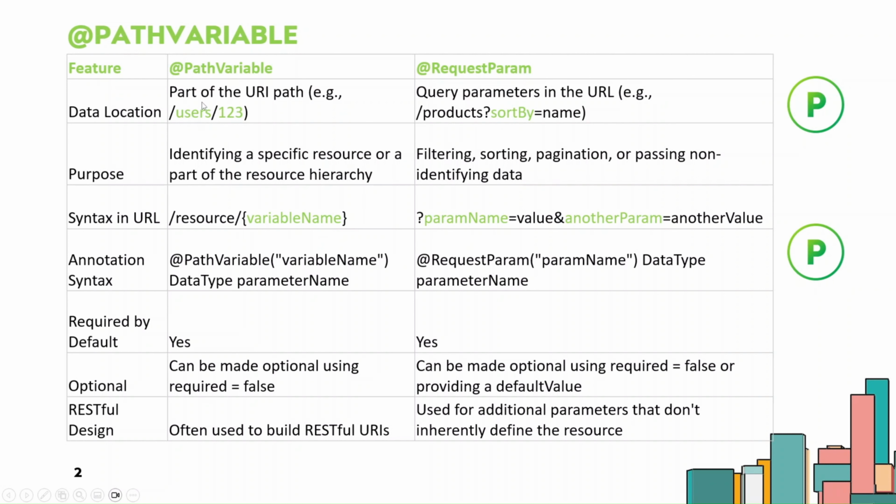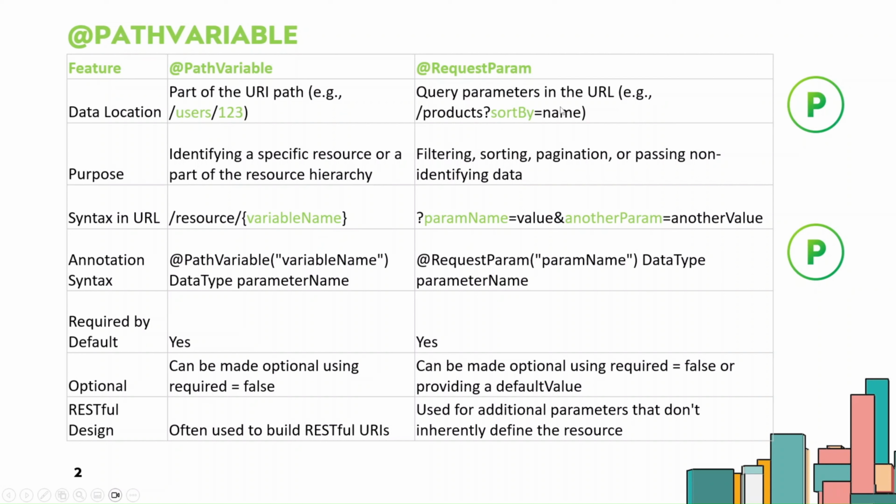We can pull these resource values by using path variable. I would say, like a user value, I can pull this particular user with this path variable.